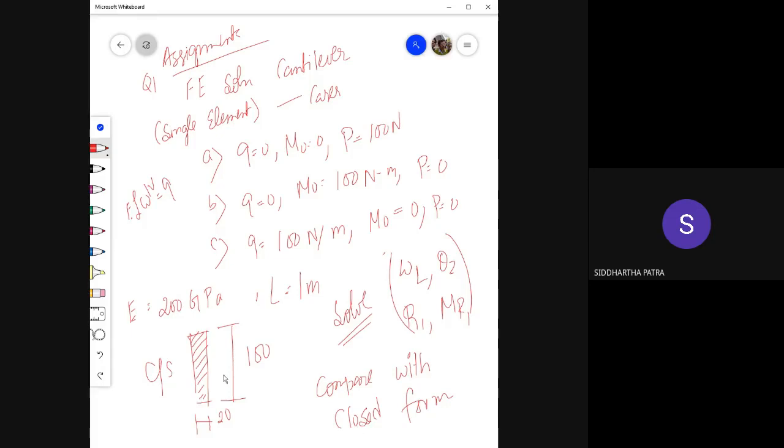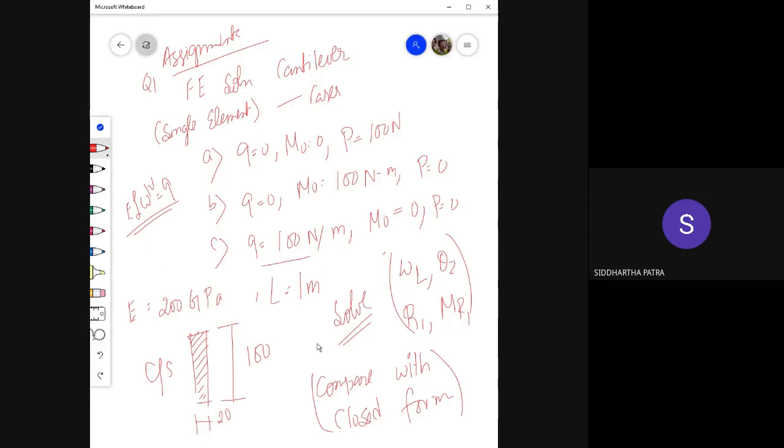The reason I gave you this is also very evident. If q is 0, then the actual solution itself is cubic, and therefore with cubic shape functions we would get the exact solution from finite element method, but with a non-zero q we would get an approximate solution.